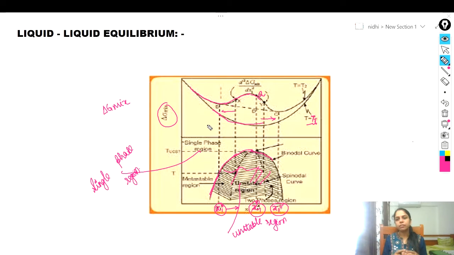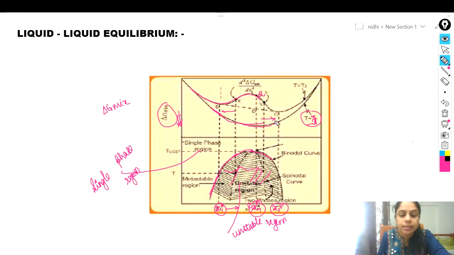Single phase region with respect to temperature: if you obtain the same delta G mix versus x1 at temperature T1, and for that case, let us say you have this curve, shown here, designated as the T1 curve.